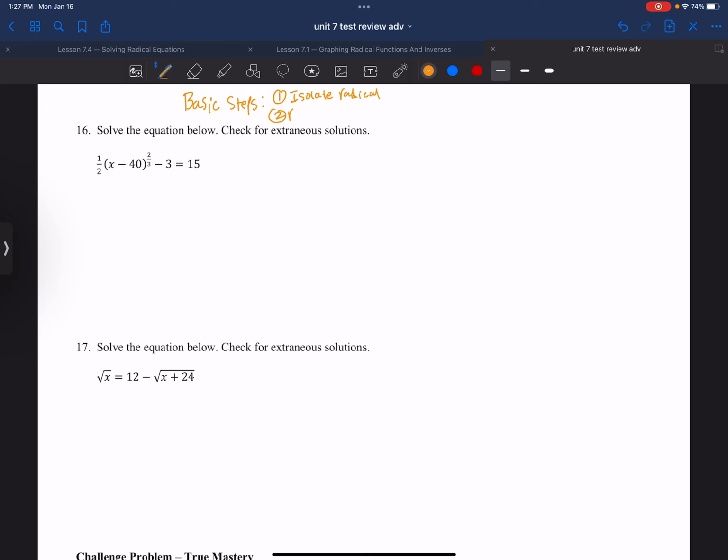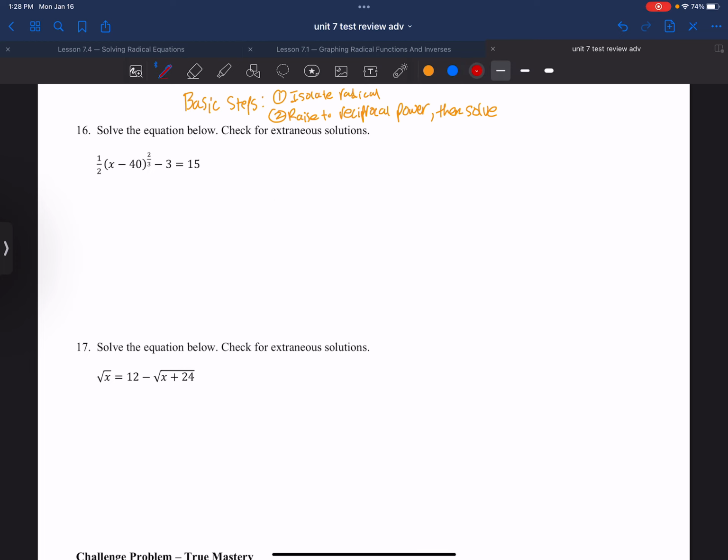And 2, raise to the reciprocal power. Then solve. Because that's essentially all you do with these problems. If you have like x to the 2/3, you get that alone, and then you can raise that to the 3/2, so it comes out nice and pretty.